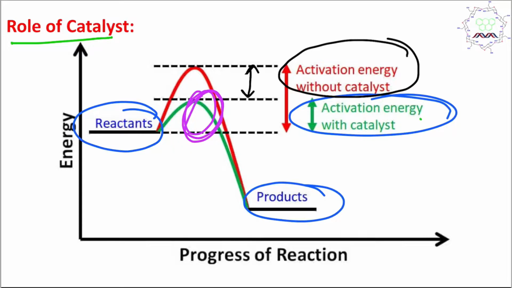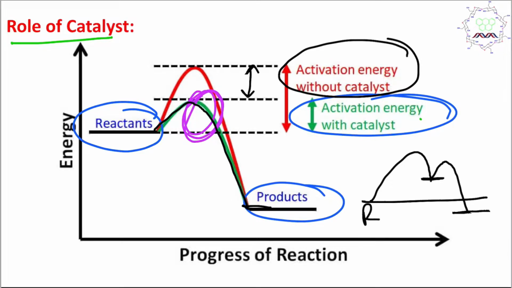This is the simplified picture, students. In reality, catalyst forms an intermediate with the reactant. So actually, if you look at the graph, first it comes here, then this is the intermediate, then this is the product. Okay, so this is the reactant, this is the product, and this is the substrate catalyst intermediate. But after the chemical reaction, the catalyst is eliminated and remains unchanged.